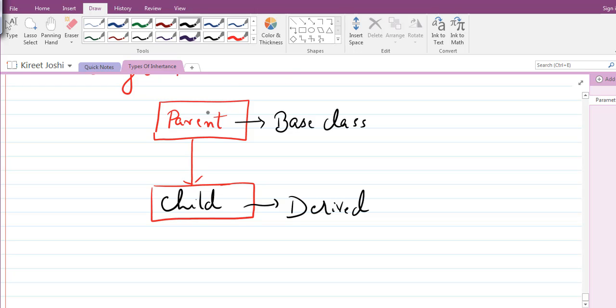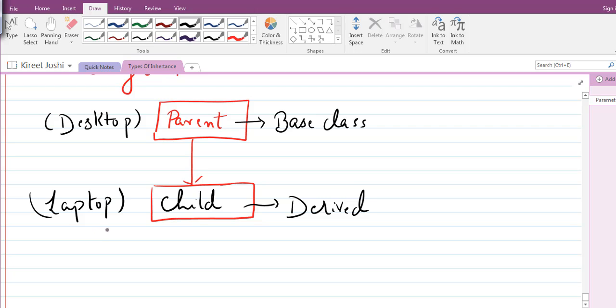If we just take a real world example, for example, parent is a desktop. And from this desktop we have derived a new class that is known as a laptop. So it means that this laptop contains certain features that are in desktop, as well as some new or advanced features.